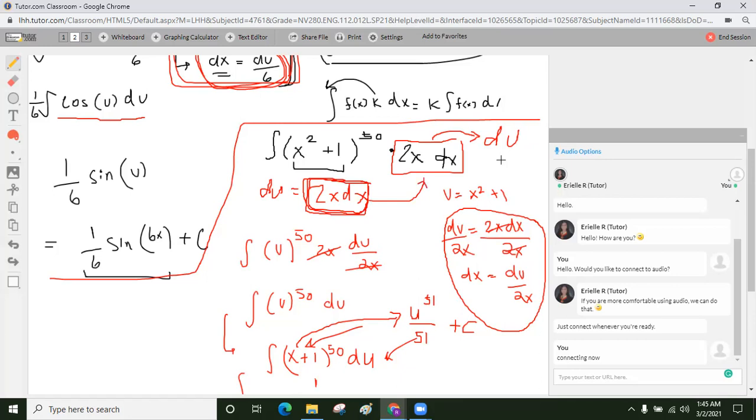Right? Yeah. And then you can go ahead and replace this whole thing with du, since that is equal to du. But the method that you did is also a good way on how to replace the dx with du.